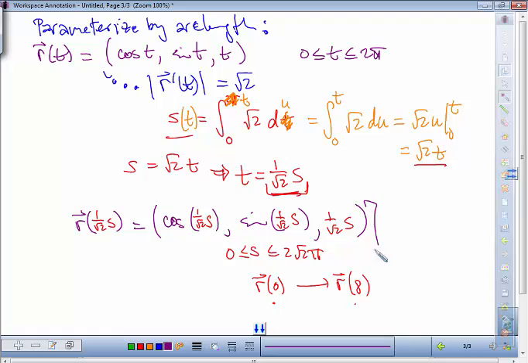So this over here draws the same curve as the original r of t that we had from 0 to 2 pi.